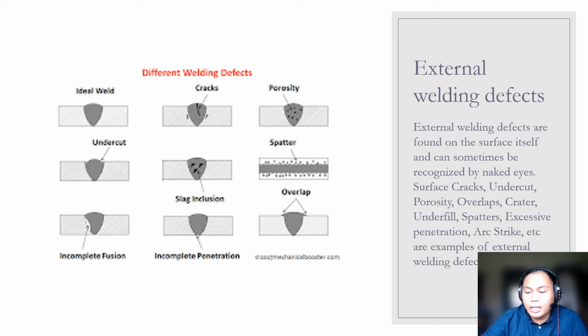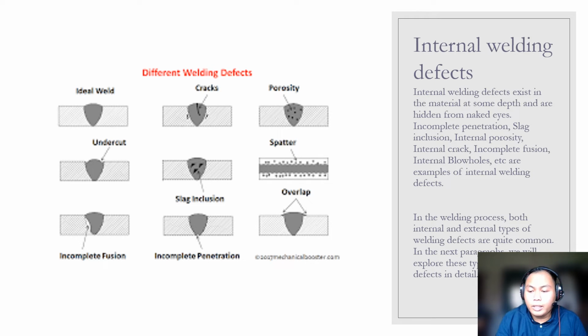Surface crack, undercut, porosity, overlap, underfill, excessive penetration, and arc strike are examples of external welding defects.